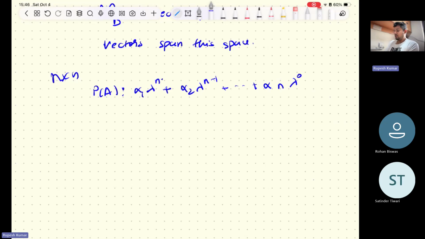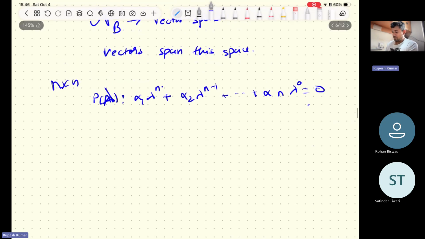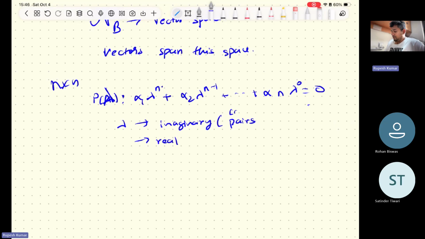So you get this characteristic equation, p of lambda. Now you solve for the roots of this polynomial. We all know that you may get imaginary roots or real roots. If they are imaginary, they will occur in conjugate pairs.